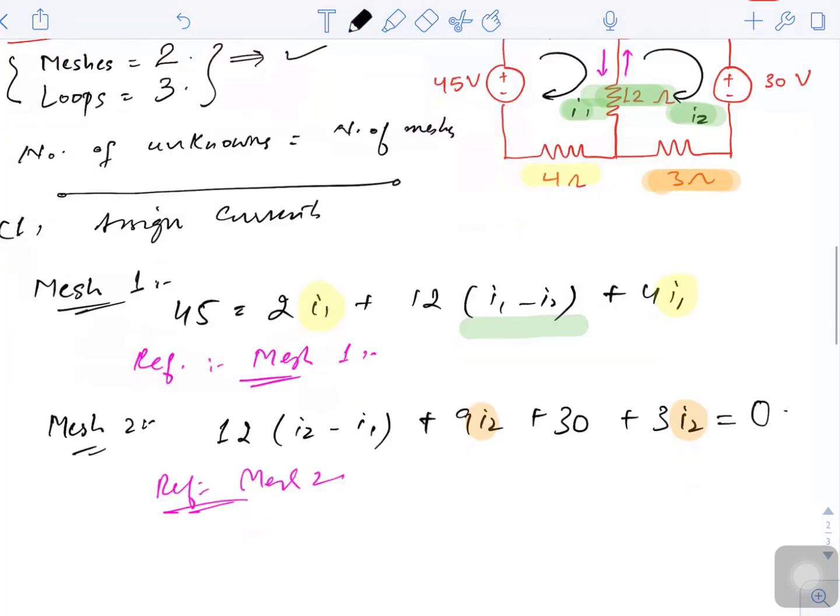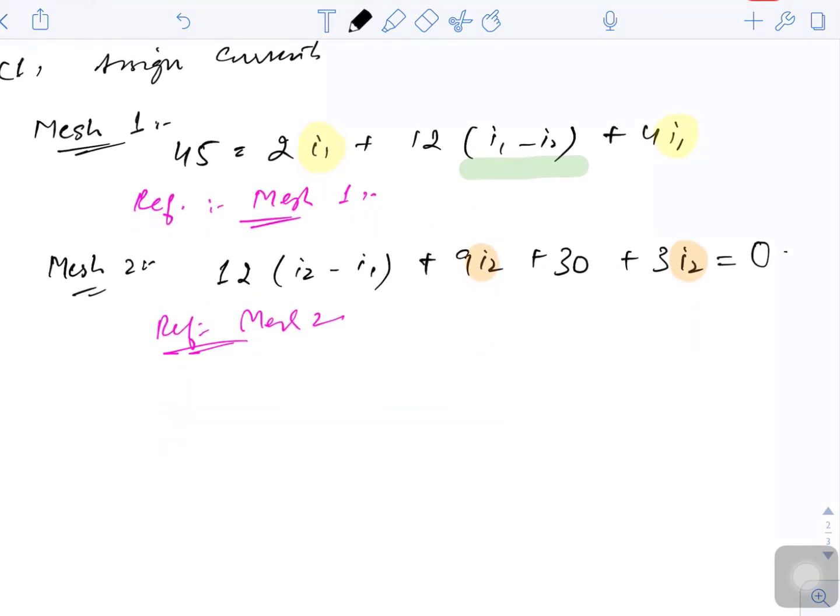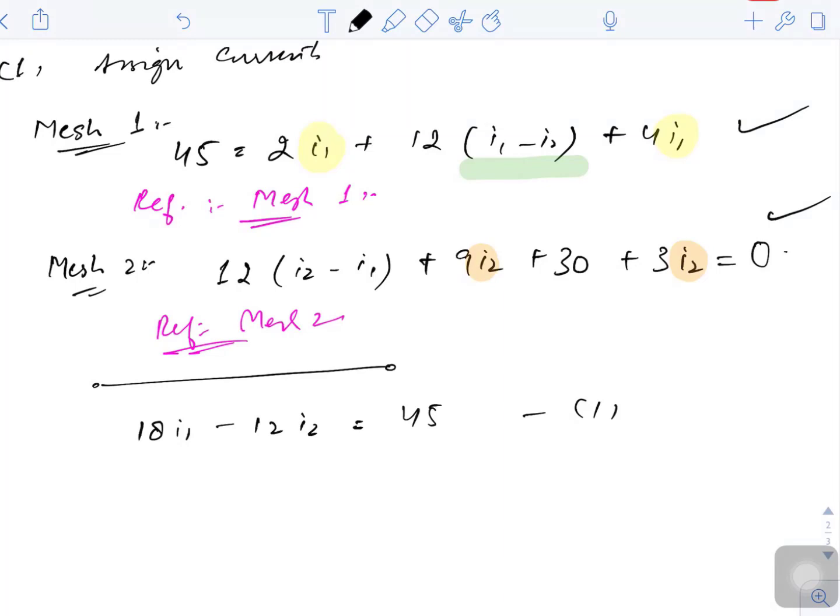Then we can rearrange it so that we can use Cramer's rule to get the answer. After simplifying a bit, the first equation becomes 18I1 minus 12I2 is equal to 45, and in the second equation you would get 12I1 minus 24I2 is equal to 30.